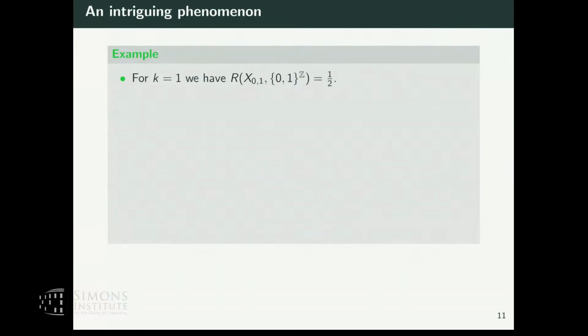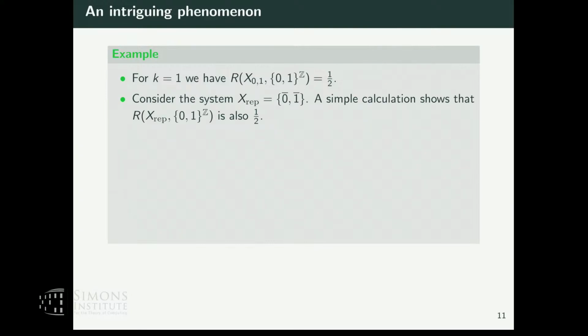But here's where something really strange happens. For k, let's plug in k equals 1. That is, our 0,1 RLL is just the set of all strings that do not contain two adjacent zeros. And we get that the covering radius is half, which is kind of a lot, right? So the budget we allow ourselves for covering is flipping at most half of the bits. Let's take another system, the repetition code, if you would like, that contains the all zeros or the all 1s vectors.